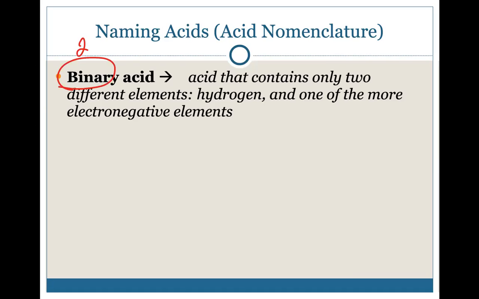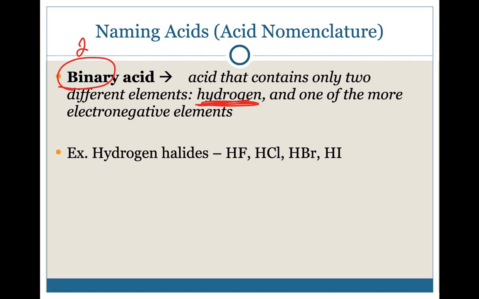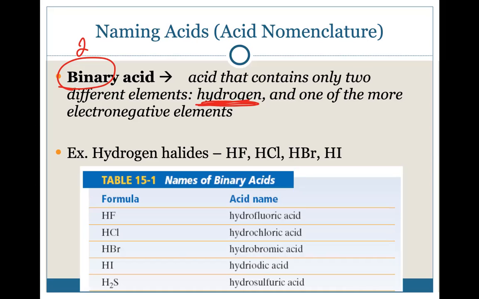So one of them has to be hydrogen, and the other element is going to be one of the more electronegative elements. So any of the halogens, sulfur, phosphorus, I think that's it. Okay, hydrogen halides, HF, HCl, HBr, and HI. So I guess sulfur may be the only other one.